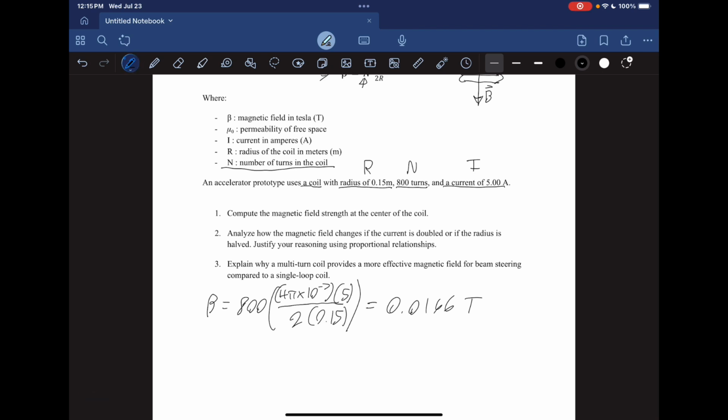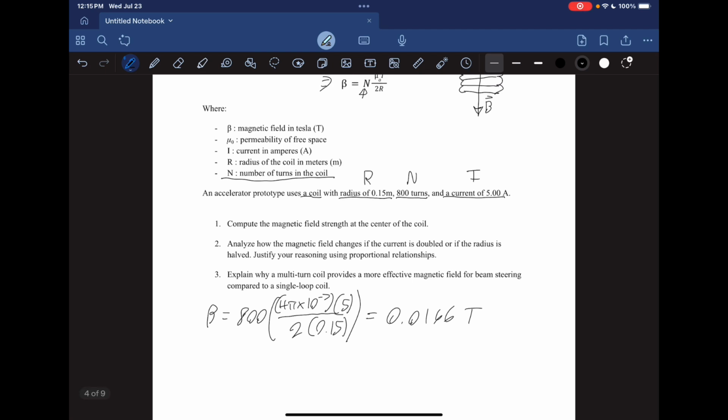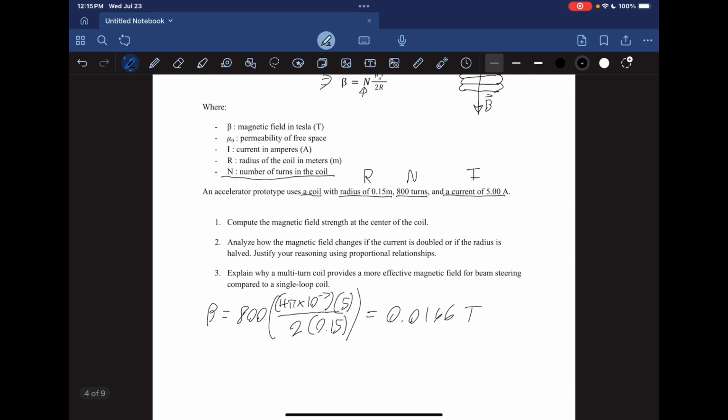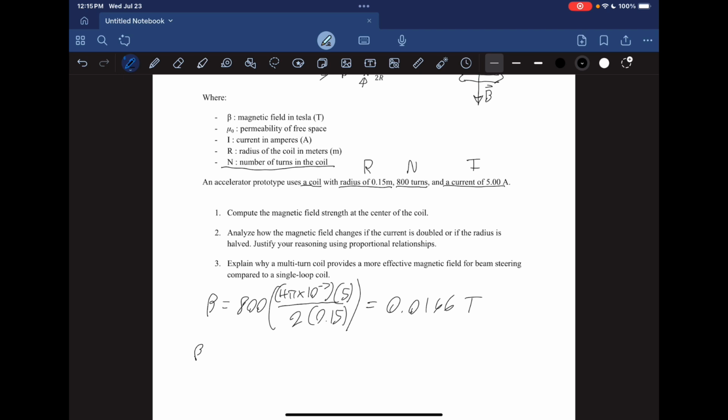The second question is a more conceptual one. It asks us to analyze how the magnetic field changes if the current is doubled or if the radius is halved. So let's first see what happens if the current is doubled. We've got B equals N mu naught I over 2R.